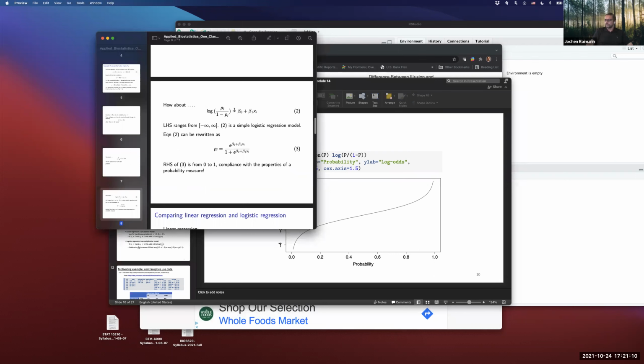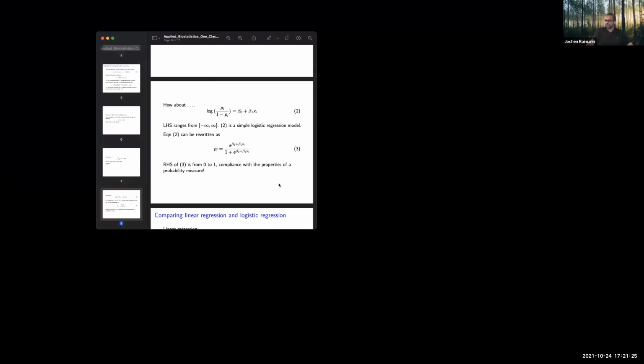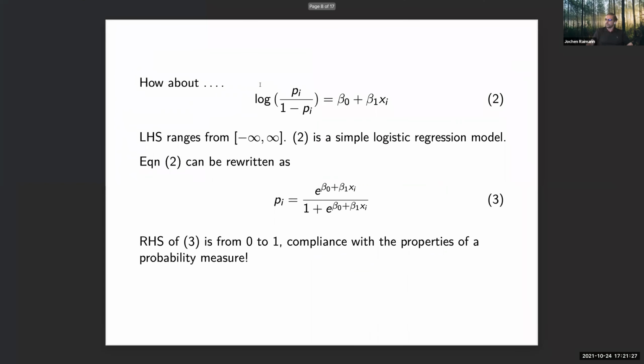So to relate probability and log odds, you introduce what is called the logit function. You employ this logit function on the left-hand side to relate pi over 1 minus pi, otherwise known as the odds, to your probability.